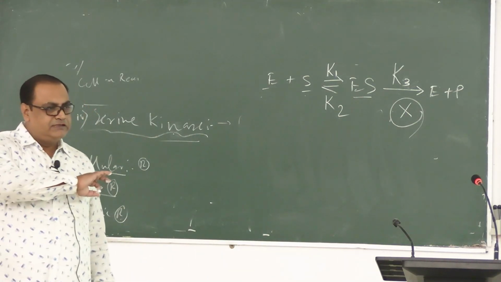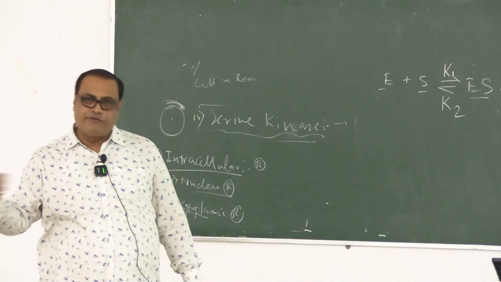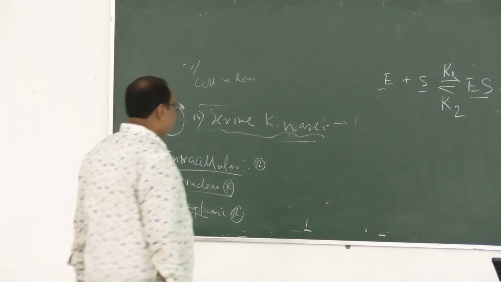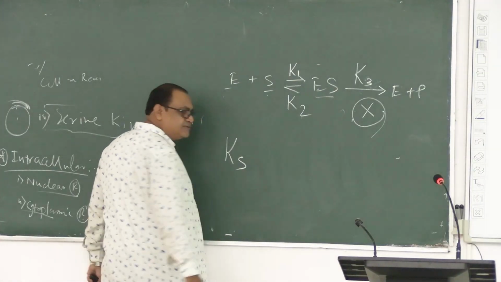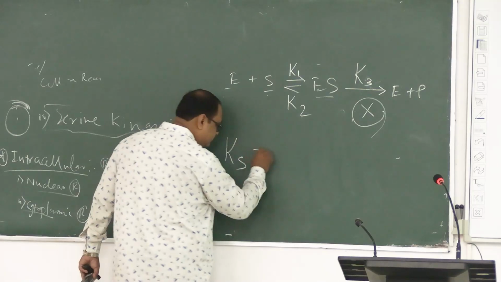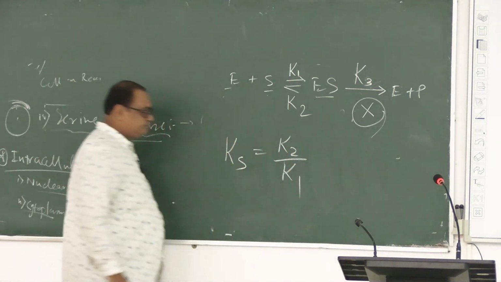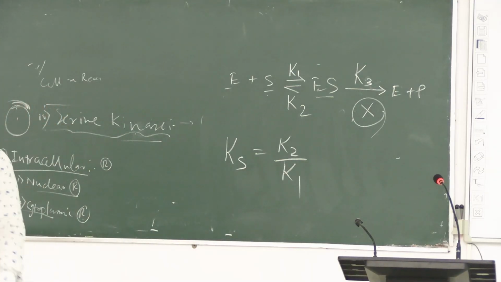Whatever amount of enzyme is converted to enzyme substrate complex, the whole of it comes back to the substrate again. So Ks becomes this, that's what Michaelis and Menten perceived.